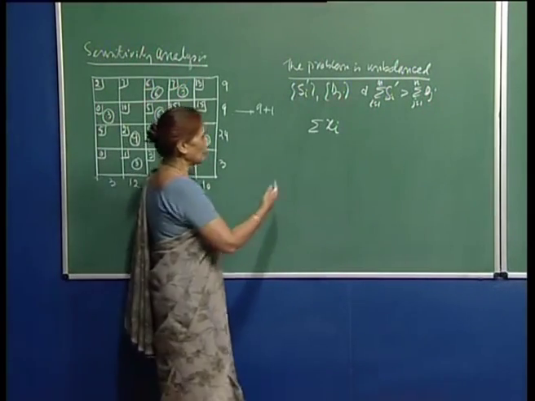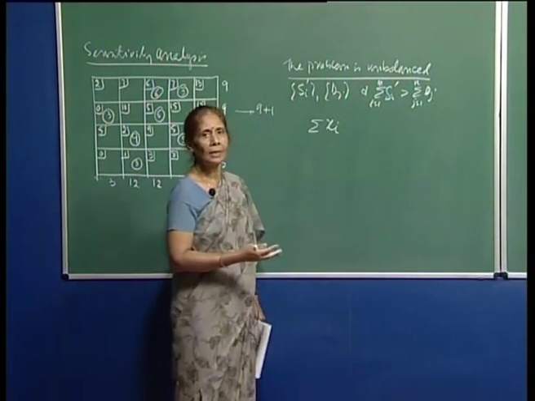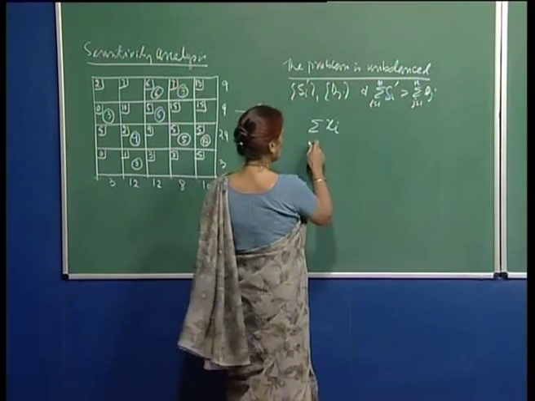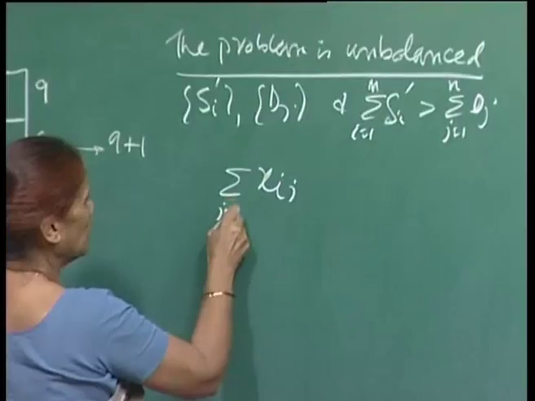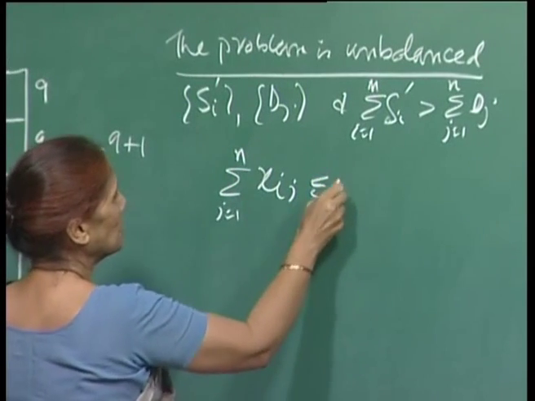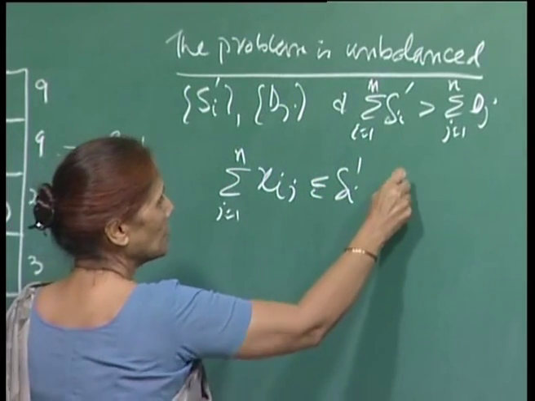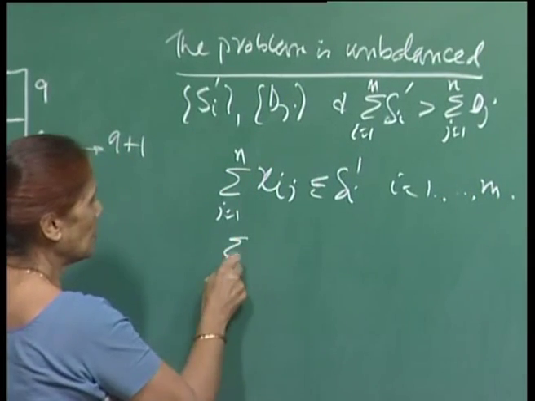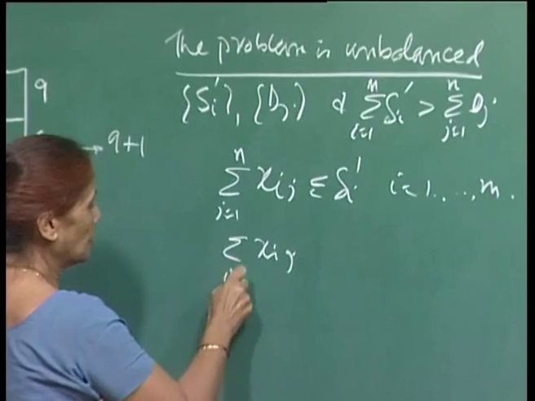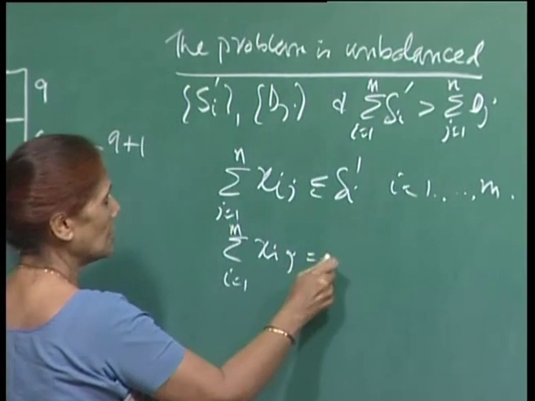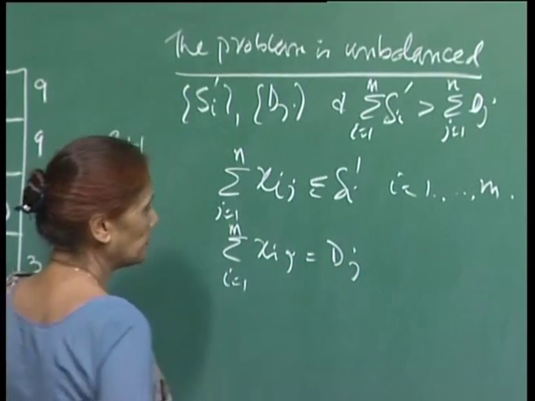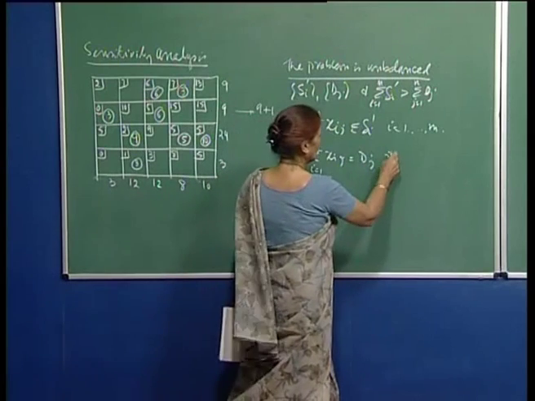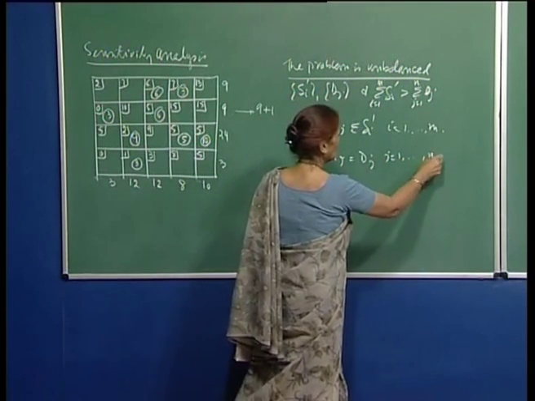I do not know which supply constraint would be satisfied as equality and which as inequality. So, the summation of x_ij, j varying from 1 to n, would be less than or equal to S_i prime, because I do not know which one, and the summation of x_ij over i varying from 1 to m is equal to d_j. I have to meet the demand constraints, j varying from 1 to n.